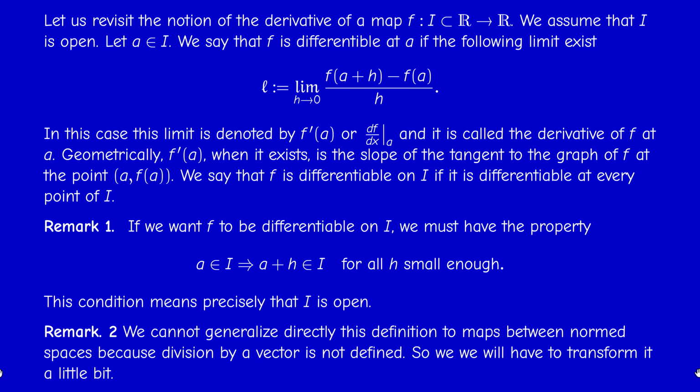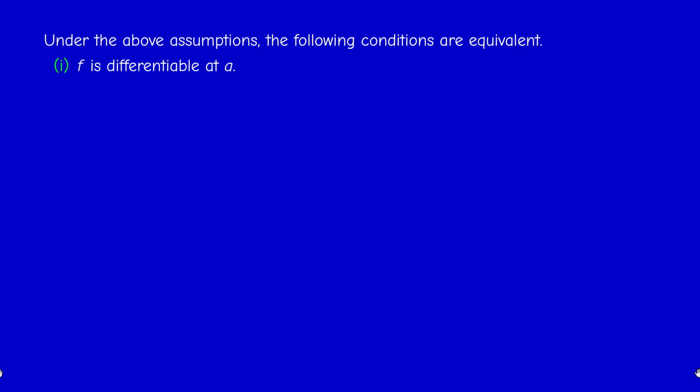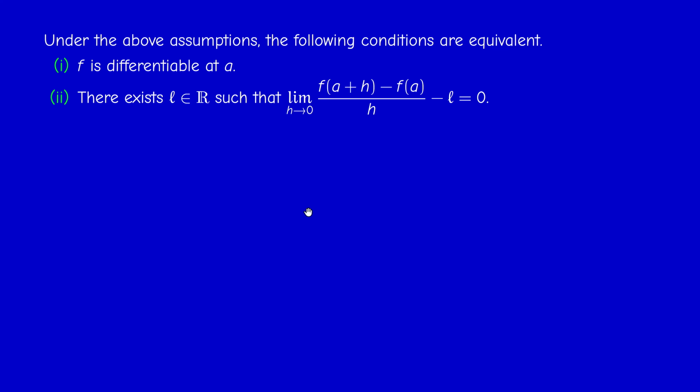So let us do that. f is differentiable at a. We can write this condition as saying that the limit of this, which is by the way called Newton's ratio, minus L tends to 0, where L is the derivative of f at a.